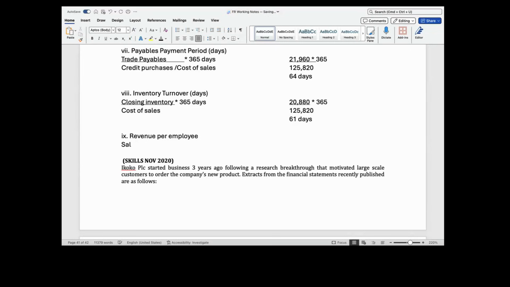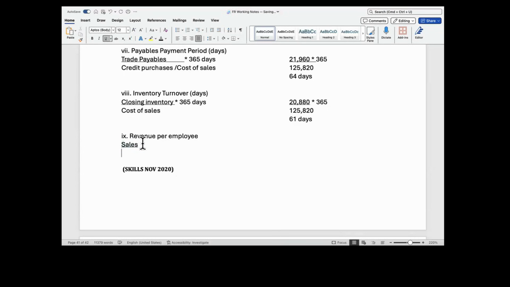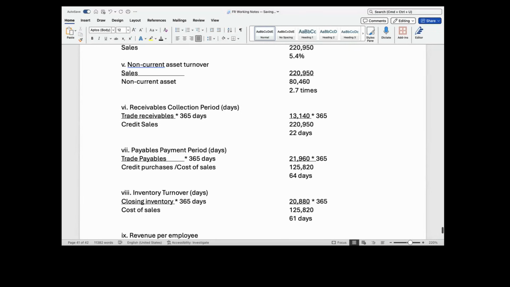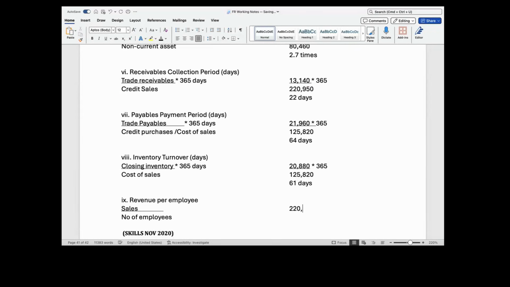That's my sales over number of employees. So sales per employee. What's our sales? We already know our sales is 22,950. What's the number of employees?